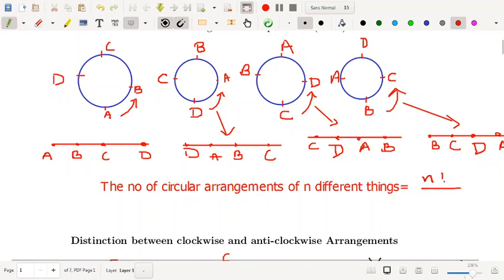Because if you arrange n things in a row or line, that will be factorial n, and for one circular arrangement there are n types of linear arrangement. So for circular arrangement of n different things, the result will be factorial n by n, and that is equal to factorial n minus 1.